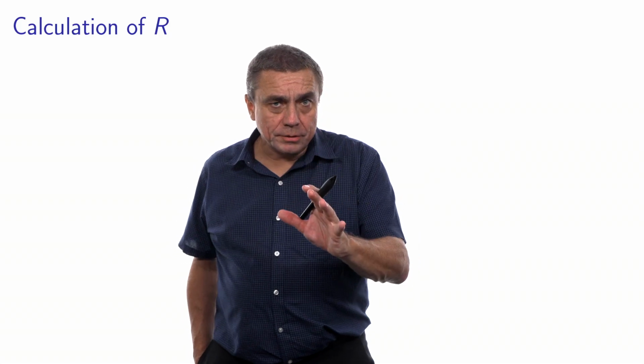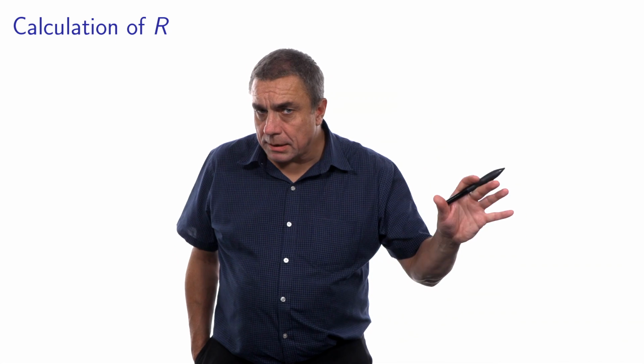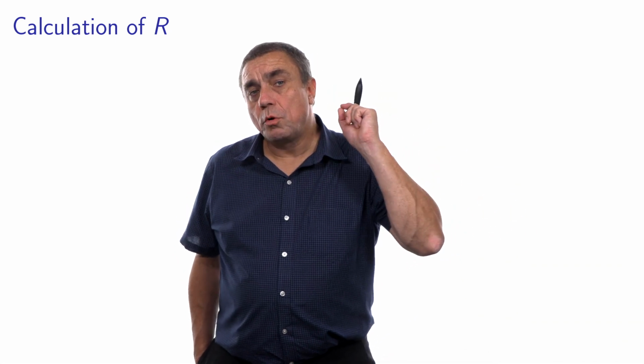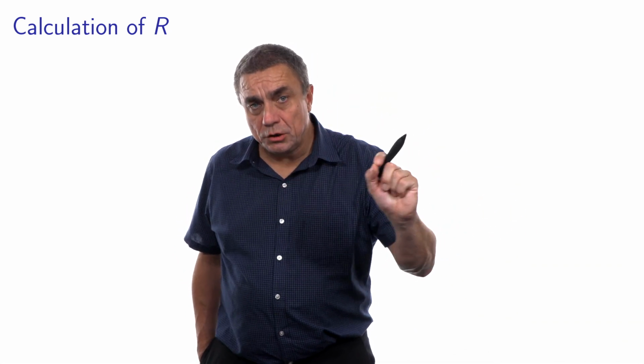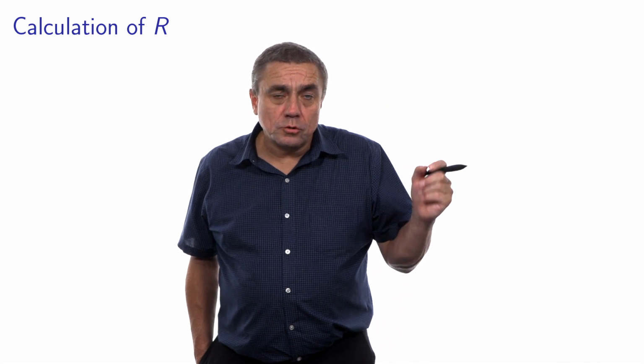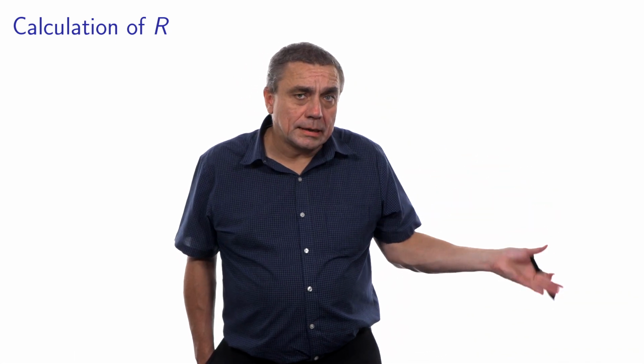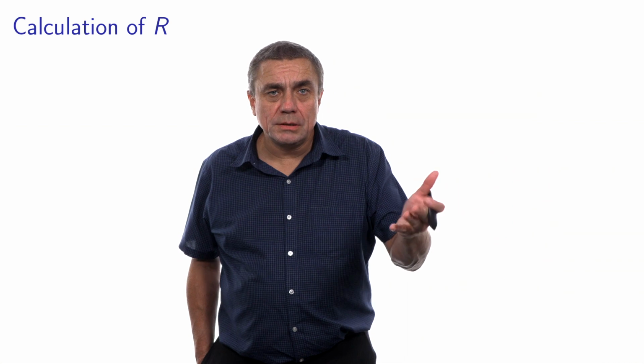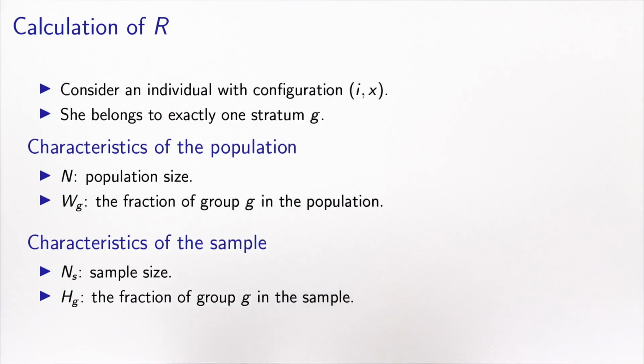The key parameter that characterizes these sampling strategies is the probability that each individual in the population is supposed to be selected in the sample. We denoted this by capital R. So let's see how we calculate this capital R. Let's consider a given individual, and this individual has configuration IX.